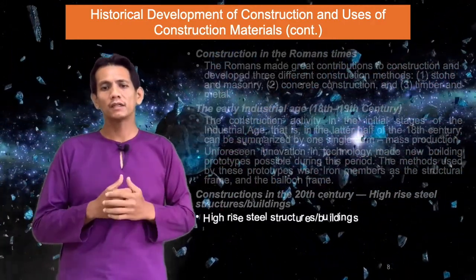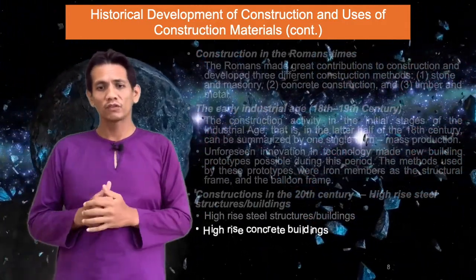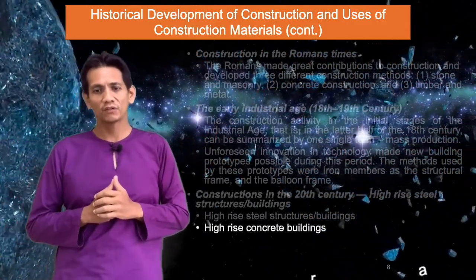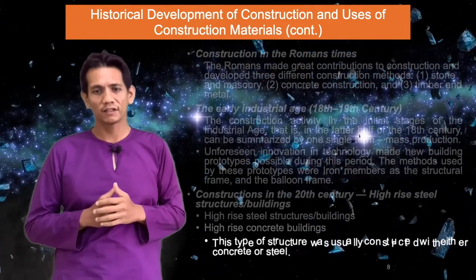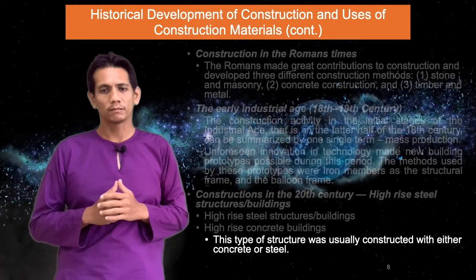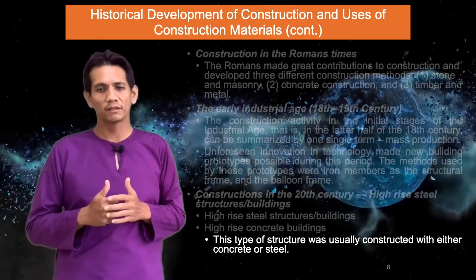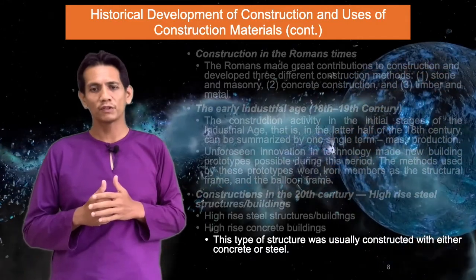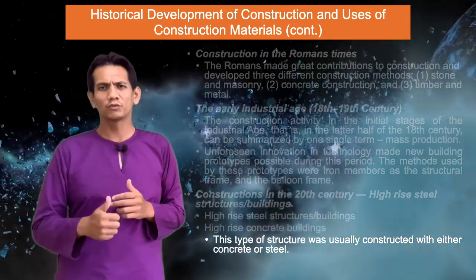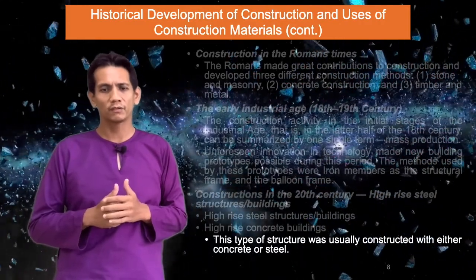Then in the early industrial age, from the 18th to 19th century, construction activity in the initial stage, in the later half of the 18th century, can be summarized by one term: mass production. Unforeseen innovation in technology made new building prototypes possible during this period. The methods used were iron members as the structural frame and the balloon frame.